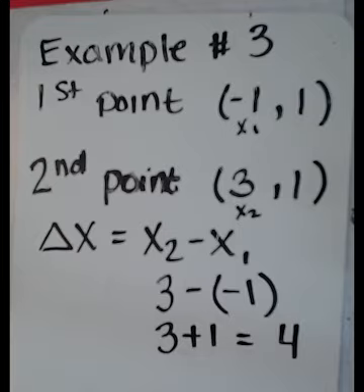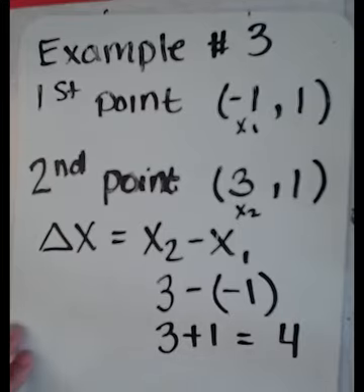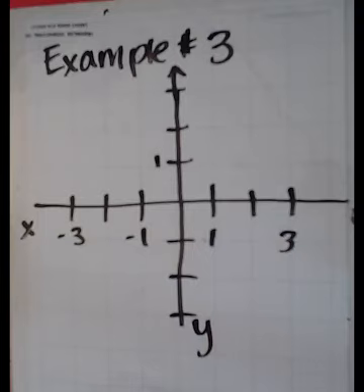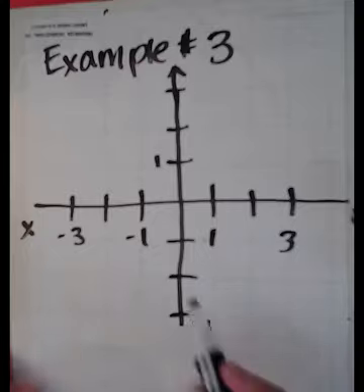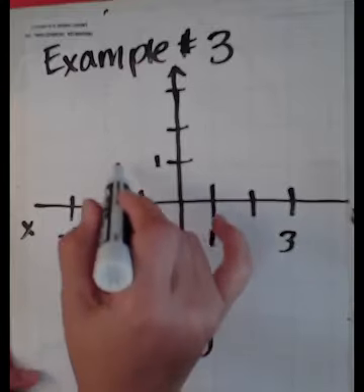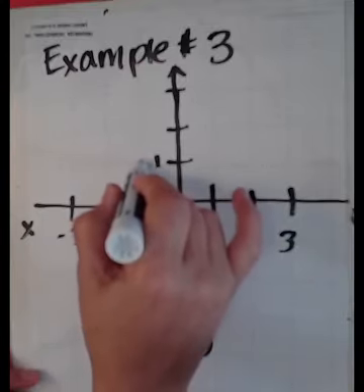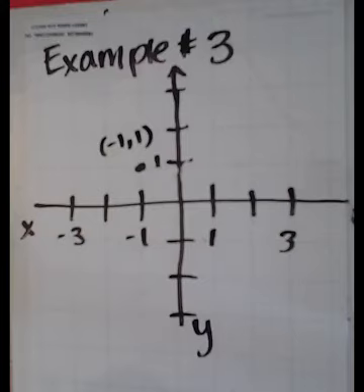So let's take a look at this on a graph and see what that looks like. Okay, our first point was -1, 1. So our x value is -1 and our y value is 1. We'll put our first point here. Our second point is 3, 1.